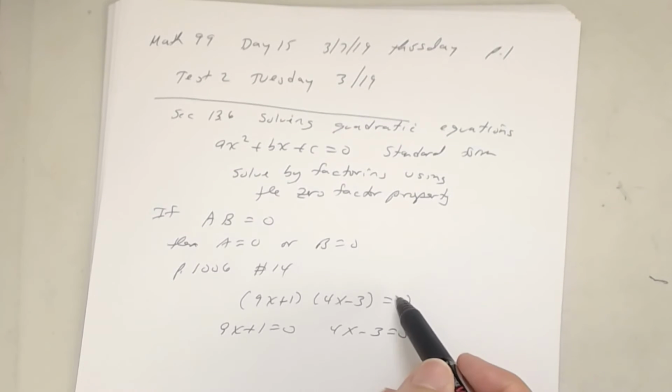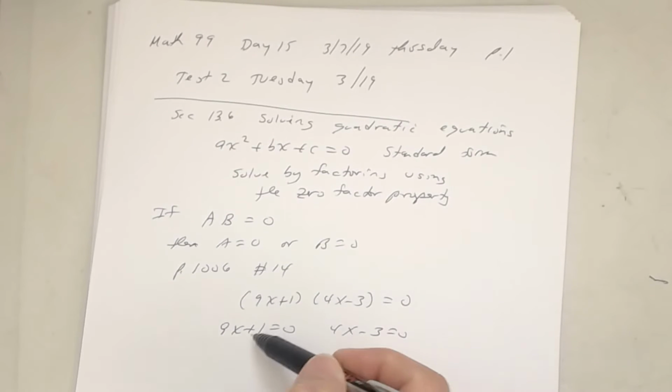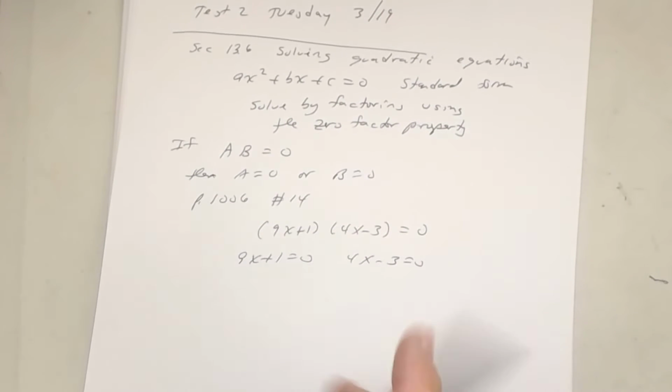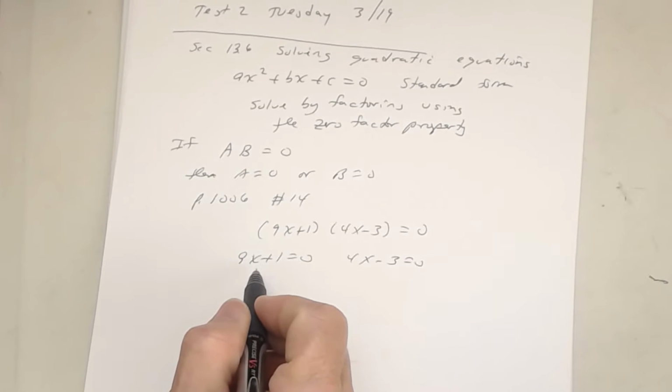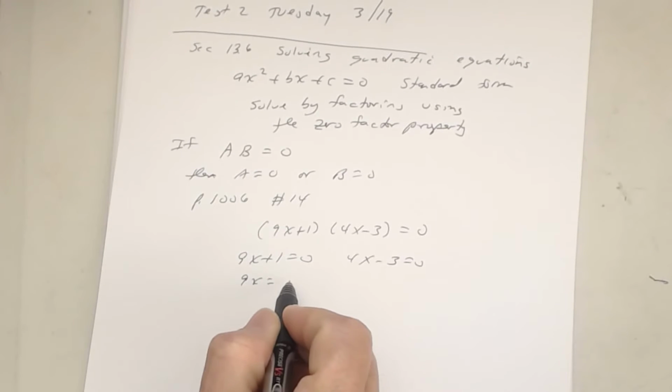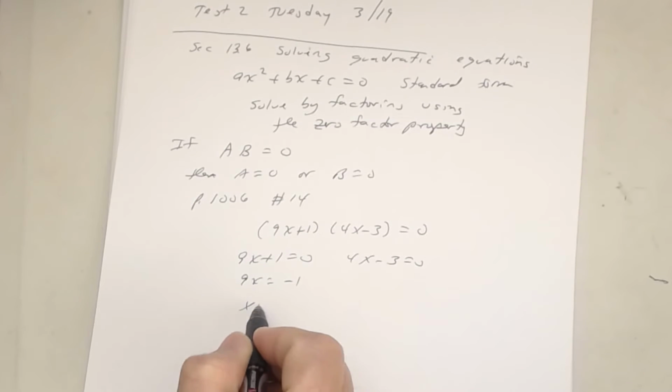So notice I went from a quadratic equation to 2. What kind of equations are these? Linear. Those are linear equations. So to solve the linear equations, you get x by itself. You bring the variables to one side, constants to the other. So to solve that linear equation here, I'm going to subtract 1 from both sides. So I get 9x equal to what? So what does x equal?